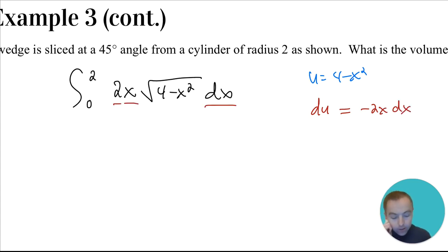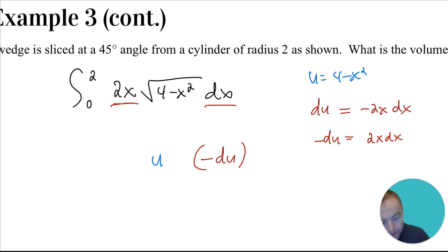We do have 2x dx, but we don't have the negative. So we can solve to get 2x dx alone, saying that negative du is equal to 2x dx. Then we can replace the 2x dx with negative du, and replace the 4 minus x squared with u.